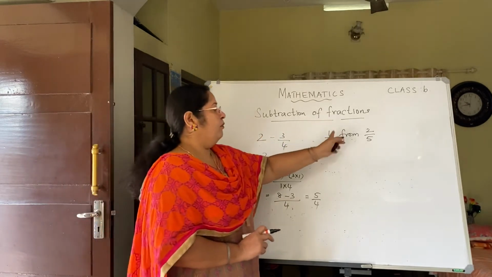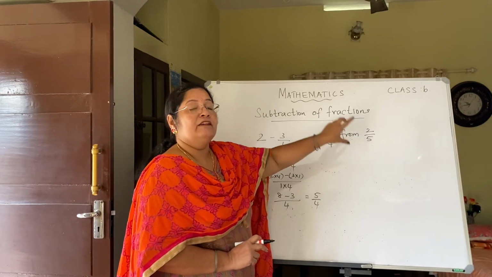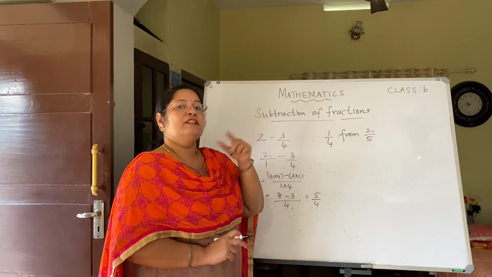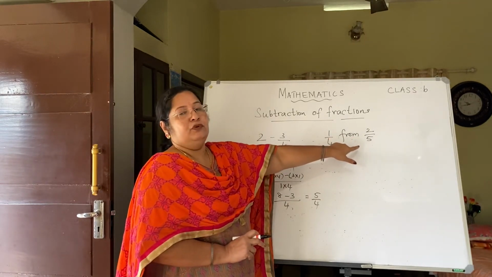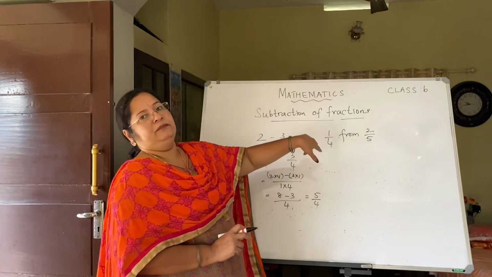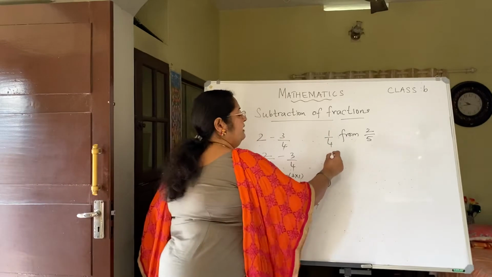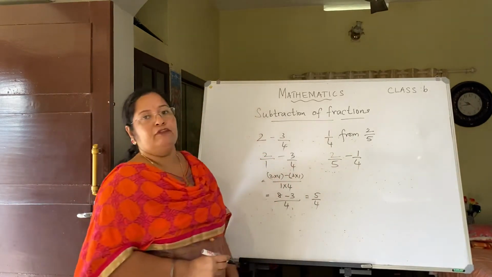So from something, 2 by 5, which means the first fraction you should write for subtraction should be 2 by 5. So you have to subtract 1 by 4 from 2 by 5. So mathematically we write it as 2 by 5 minus 1 by 4.